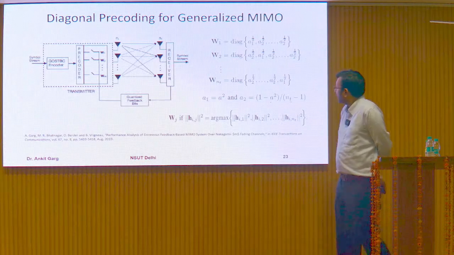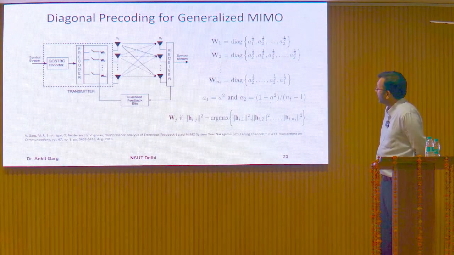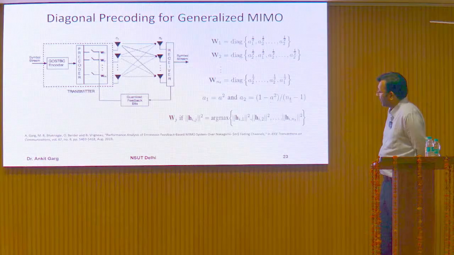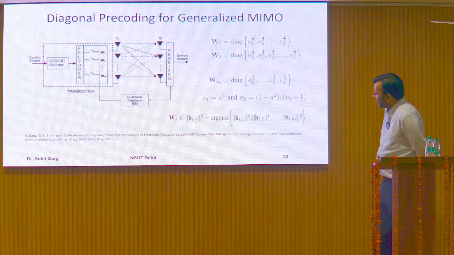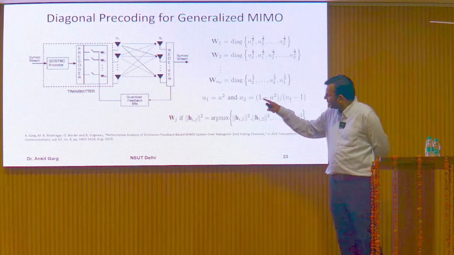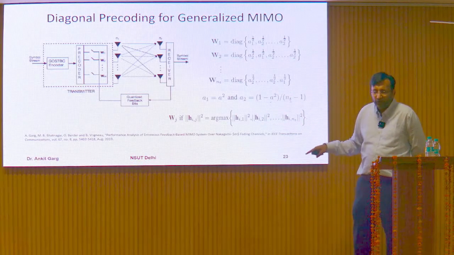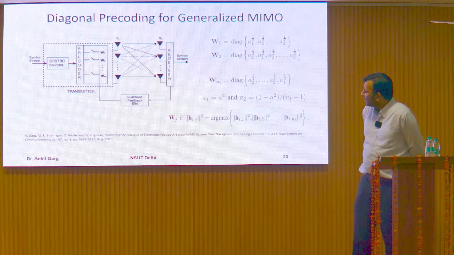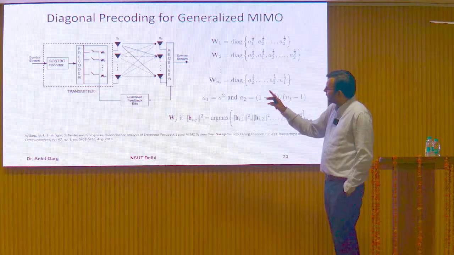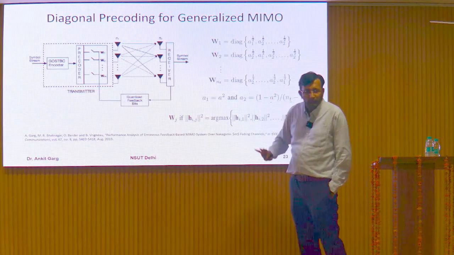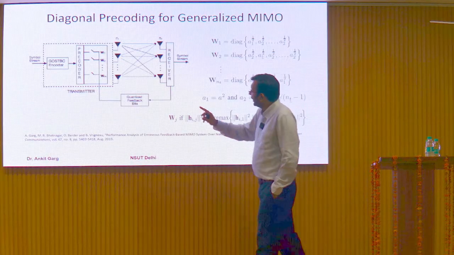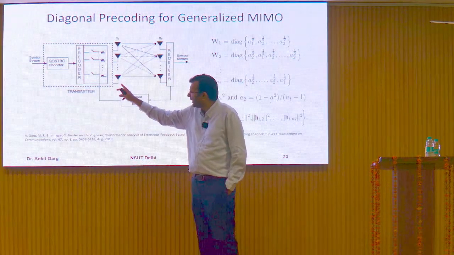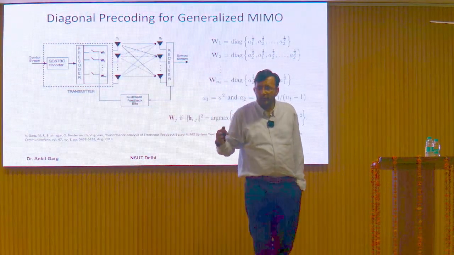So we have formulated this structure in a very compact manner where I represents the number of receiver antennas and J represents the number of transmit antennas, right? So how do we choose here which one is the best transmitter? If we have NT number of transmit antennas, then how do we choose which one would be the best?